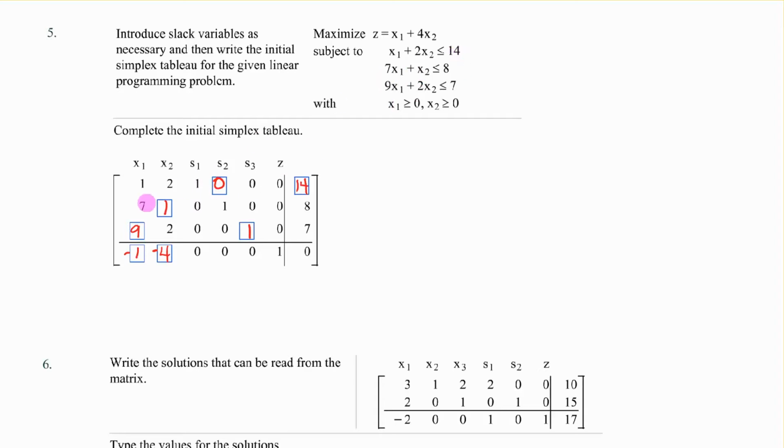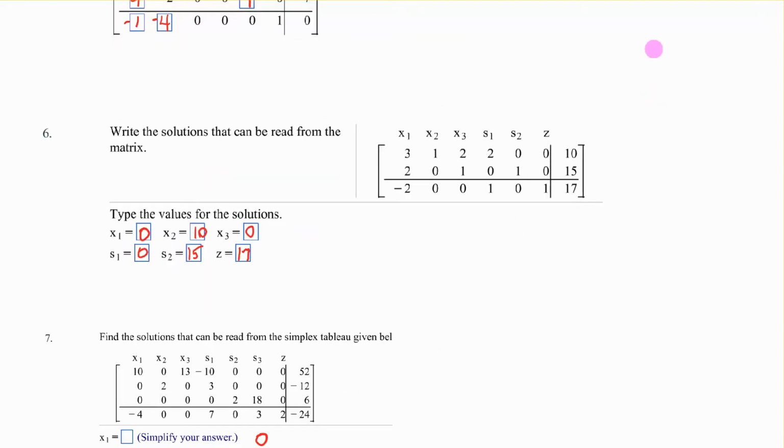Next one, 7, 1x2, 0 s1, 1 s2, 0, 0, and 8. Third one, 9x1, 2x2, 0, 0, 1 s3, 0, and 7. These moved over, so that's a -1, a -4, 0, 0, 0, and a 1 and a 0.